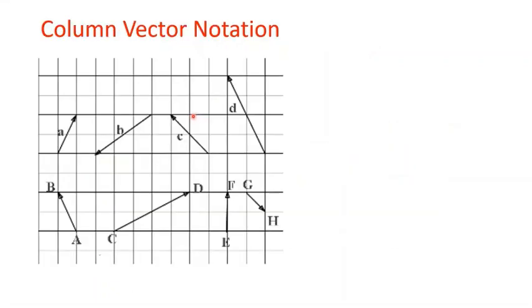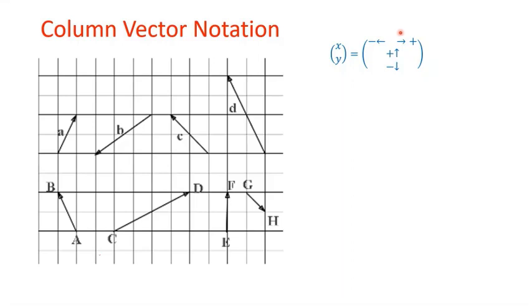So we want to look at vector notation now, students. Vector notation is this 2x1 matrix as shown here, where you have an x component and a y component. Our x component is that movement of our vector that is parallel to the x-axis. So if we consider the x-axis, once we start moving to the right, the values increase, and once we move to the left, the values decrease.